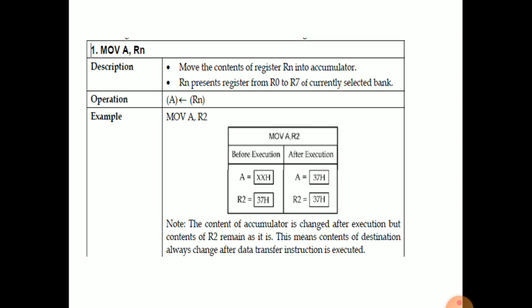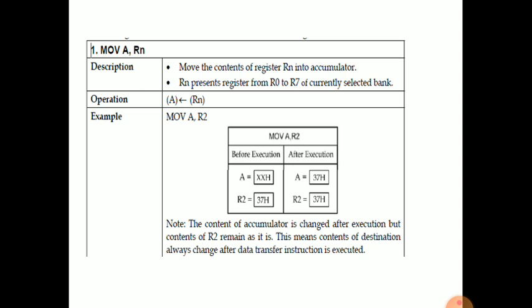In this particular instruction, Rn is the source and A is the destination. So what will MOV A, Rn do? The contents of register Rn will be copied onto the accumulator register. That is the functioning of this instruction after its execution.